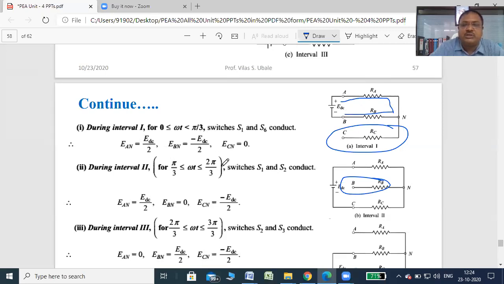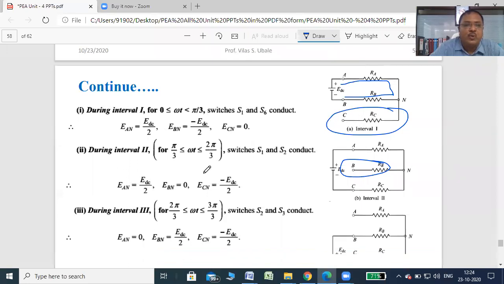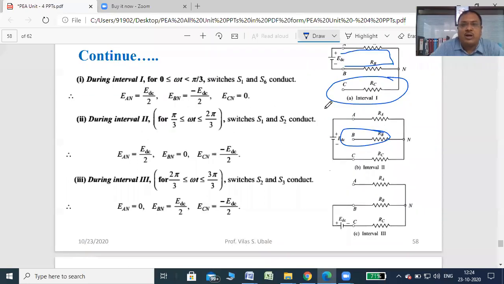So the output is EDC by 2, and ECN is equal to 0, no current flows through the arm called C or phase C. Similarly, in interval 2, EAN is still positive, ECN is negative, and EBN equals 0.